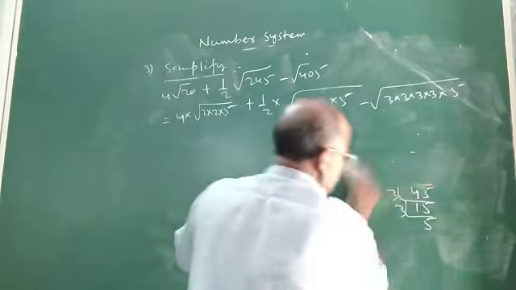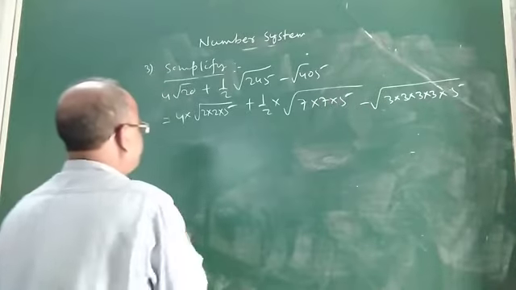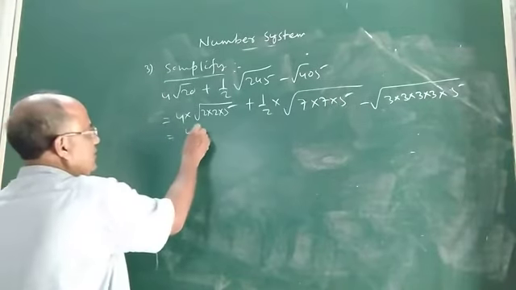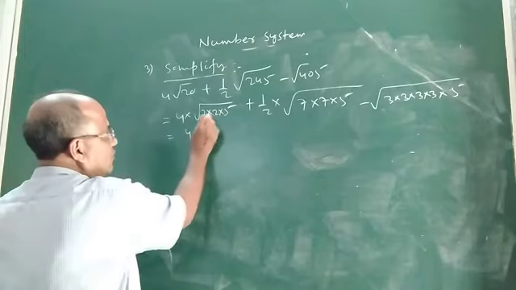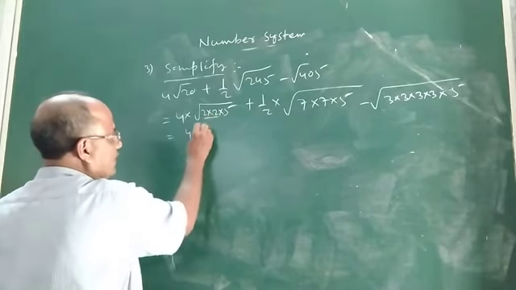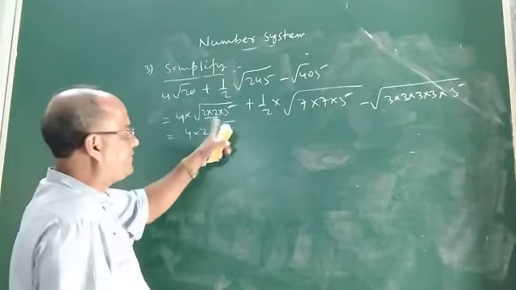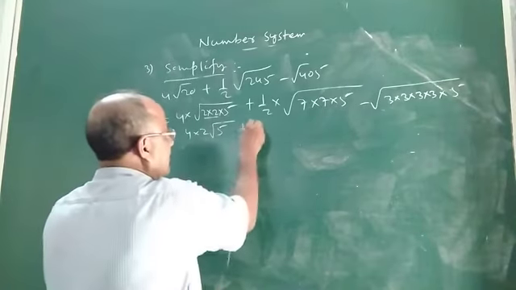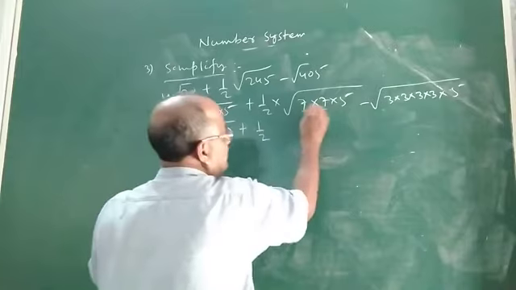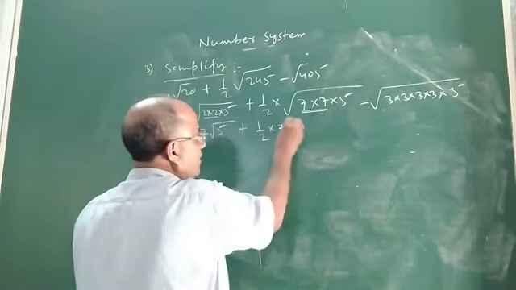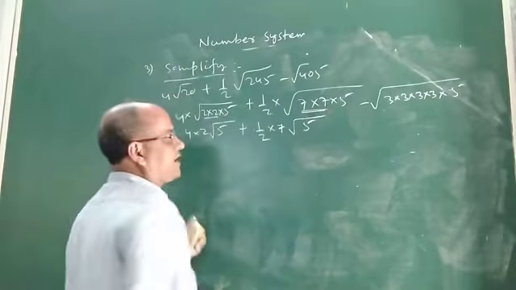Now what will be our next step? This is 4 into root of 2 into 2 into 5. Out of these two 2's, one 2 will come outside. It will be 4 into 2 root 5, that means 8 root 5. Similarly, this is half, and there are two 7s, so one 7 will come outside, and 5 will remain inside the square root.